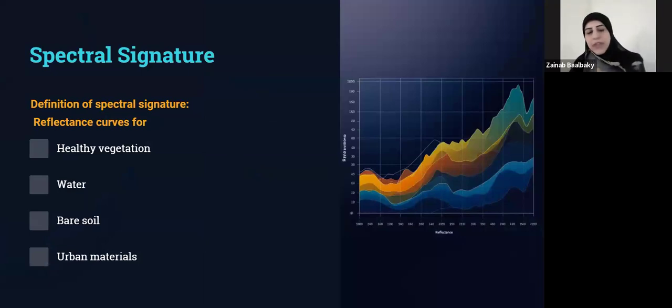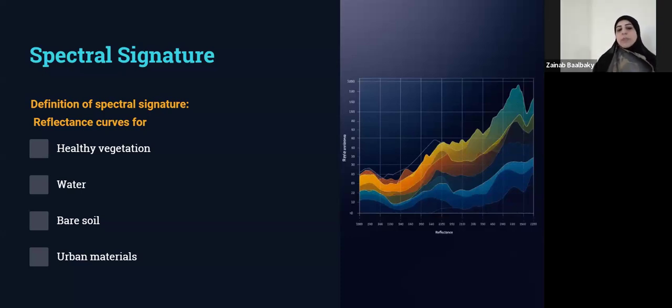Here comes the concept that will change the way you think about satellite images, which is the spectral signature. Every material on Earth, whether vegetation, water, or soil, has a unique pattern of light reflection across different bands. Healthy vegetation strongly reflects near-infrared light while absorbing red light for photosynthesis. This contrast is its unique signature.